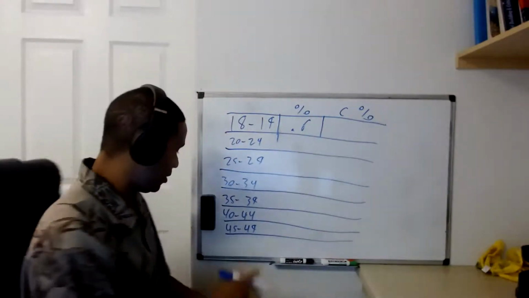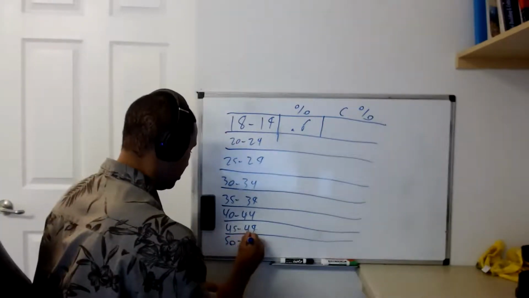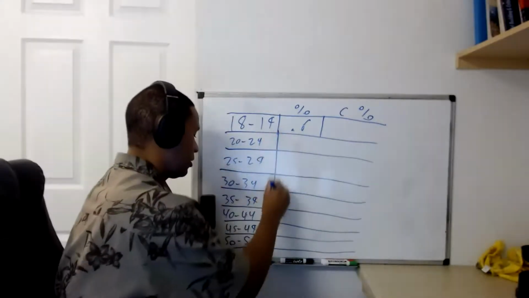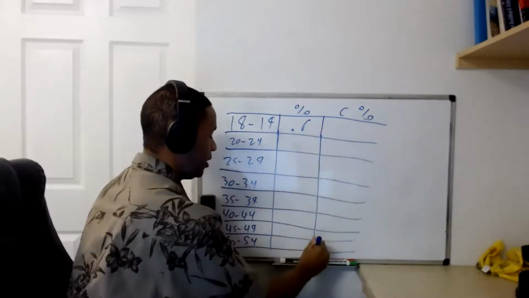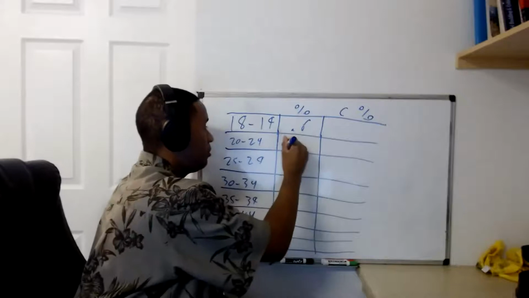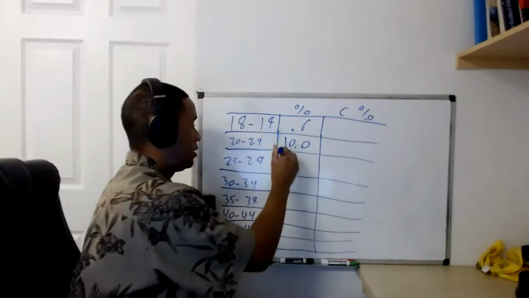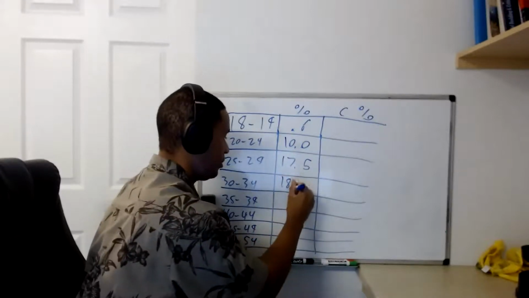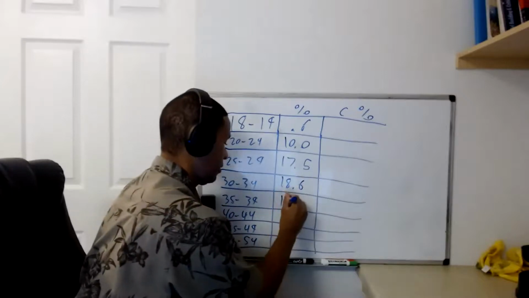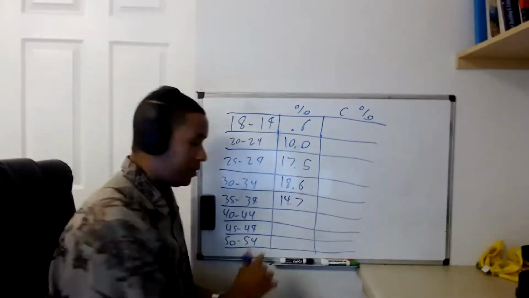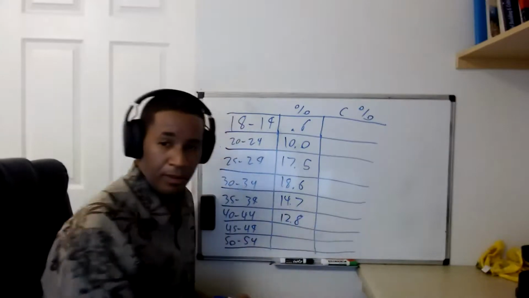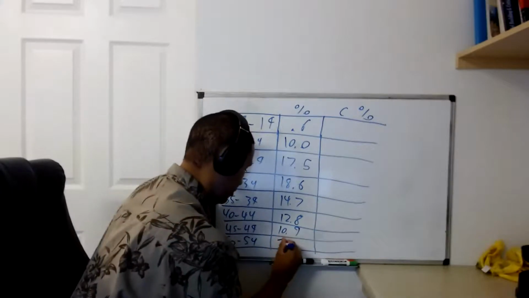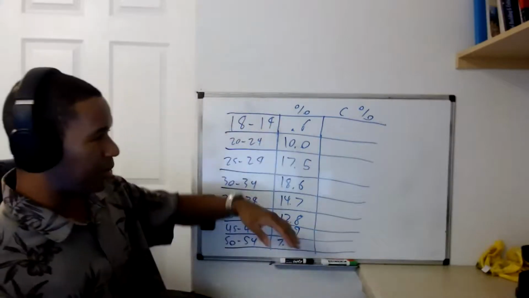We're running out of room a little bit, but I think I will need to go to 50 to 54 anyway. So we create the percentage first, and then we create the cumulative percentage. We know there's 0.6 here, 10.0 here, 8.6. Okay, let's just say this is all we were able to get to.